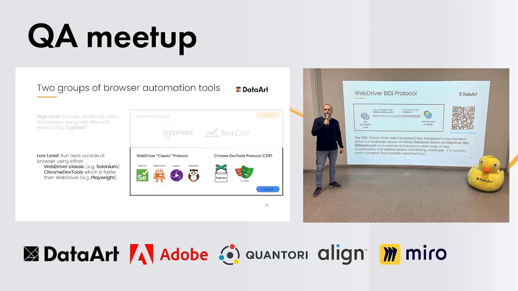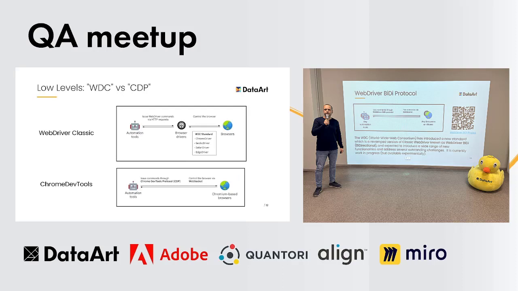Okay, so we know about them. Please skip the first one, and we are going to talk about the second one, right? Okay, next slide. So what is the difference between these tools? Probably you know about WebDriver. When you want to run a test on the browser, you need something called a WebDriver binary.